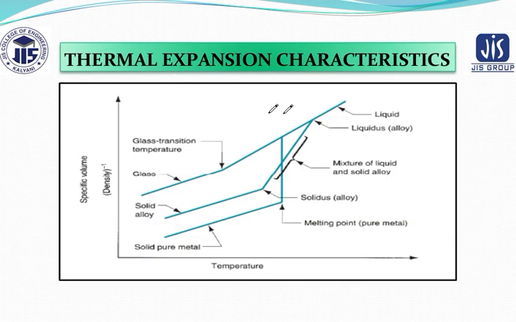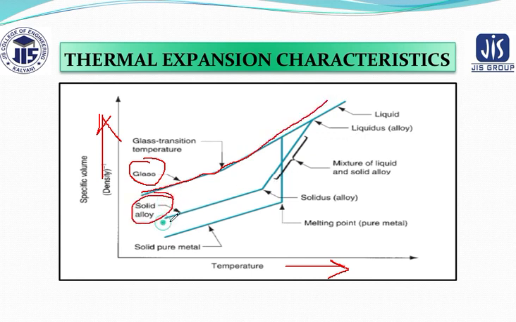Now this is the thermal expansion characteristic graph, where the x-axis represents the temperature and the y-axis represents the specific volume, or you can say the density. For glass material, you can see it increases linearly, then there is a break, and again it increases linearly. For solid alloy, it increases linearly, then there is some sort of incline.